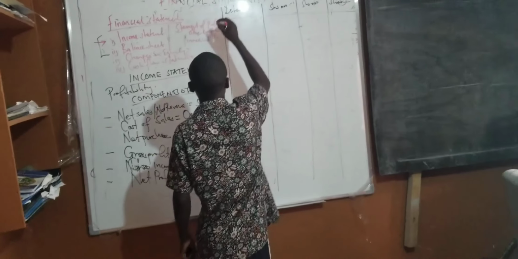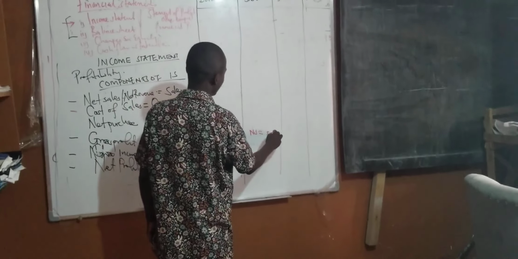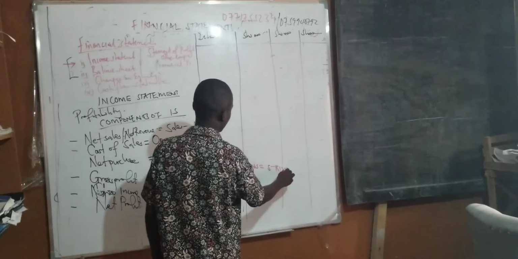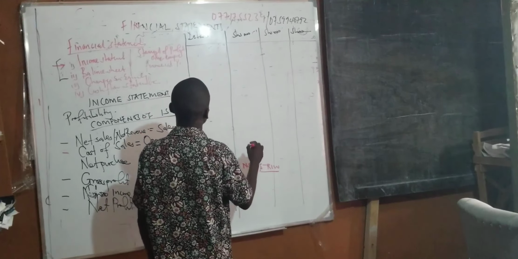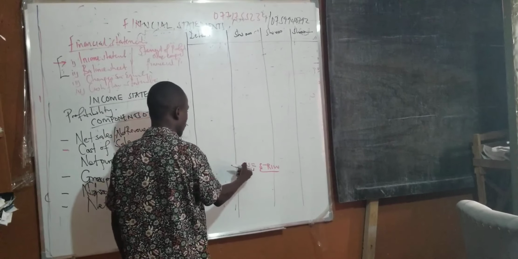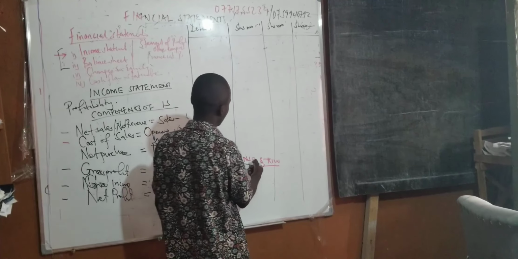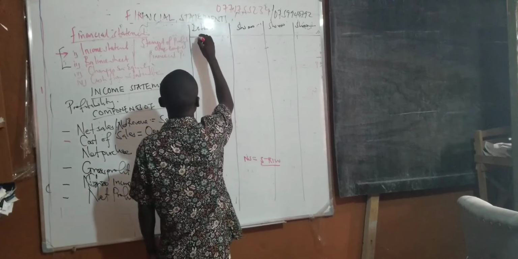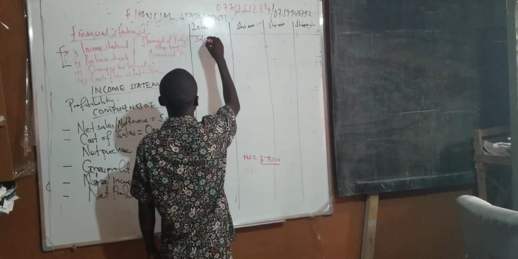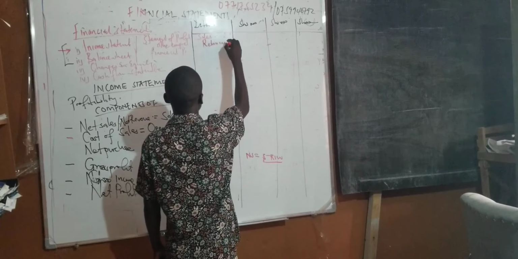The first formula is net sales equals sales minus return inwards. So you derive this format based on the formulas. So net sales, that's why sales, then returns, return inwards.